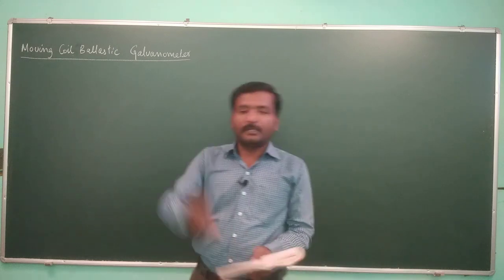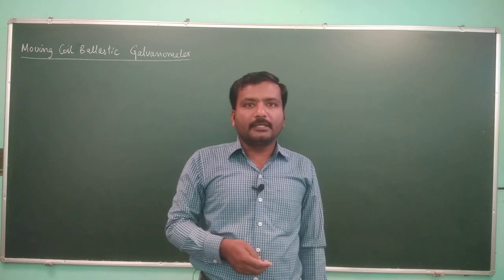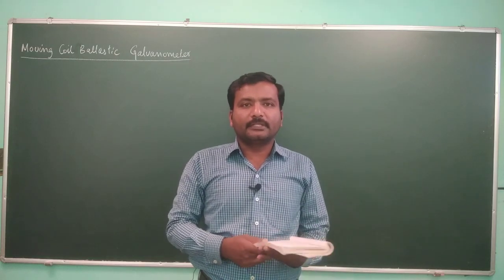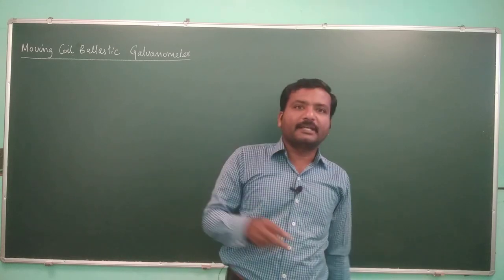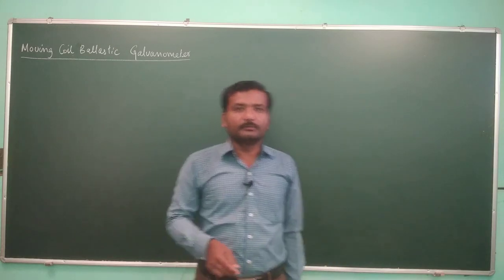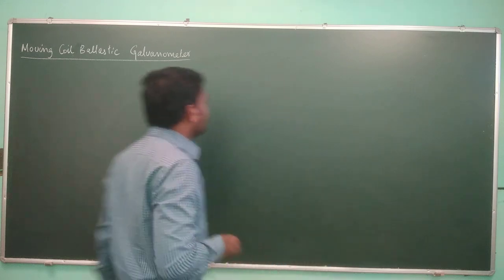Now, when you pass a current through that coil, the coil experiences a force. That force is directed by Fleming's left hand rule. This is the fundamental idea that we already know. So this is the principle for moving coil galvanometer and for the ballistic galvanometer as well.